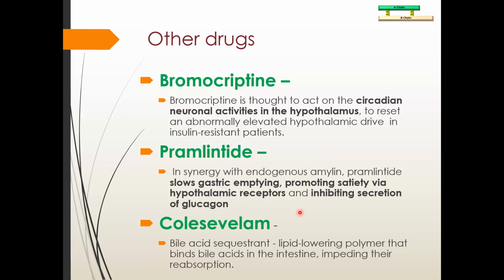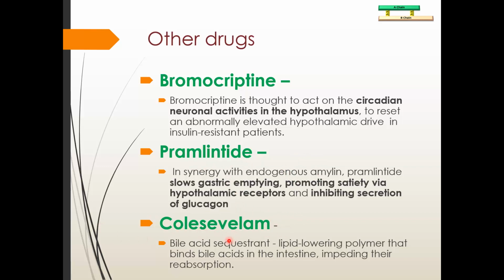It also inhibits secretion of glucagon. Now amylin has a very short duration of action. So if we give a longer acting amylin analog, that will help patients with diabetes mellitus. That is the idea behind pramlintide. But you have to give it subcutaneously before the meal.